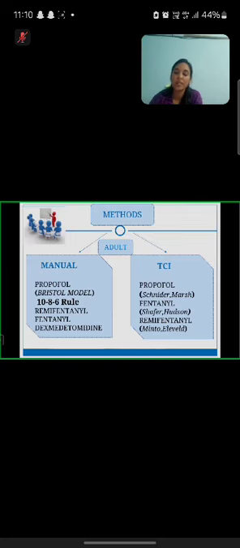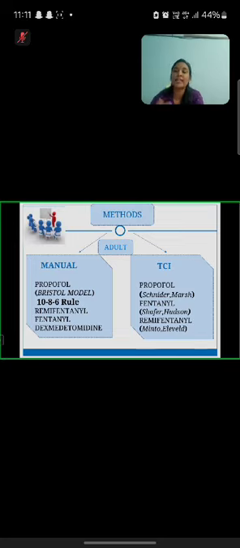This regimen is called the Roberts and Bristol regimen, where 10 mg per kg per hour is given for the first 10 minutes, then 8 mg per kg per hour for the next 10 minutes, and thereafter 6 mg per kg per hour till the procedure ends. Other drugs that can be used manually are remifentanil, fentanyl, and dexmedetomidine. For remifentanil, we can start with 0.5 mcg per kg for the first 3 minutes, and then 0.25 mcg per kg till the procedure ends.